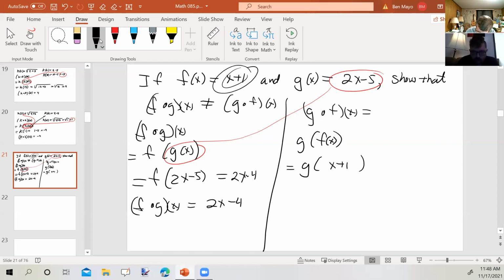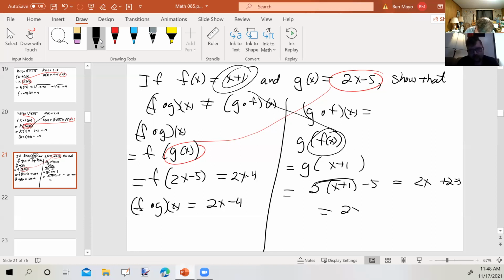Because this is going to go in place of that. g of x plus 1 is 2 times x plus 1 minus 5, which is 2x plus 2 minus 5, which is 2x minus 3. So that shows that in general, they're not commutative. And as I said, we'll look at examples tomorrow, specific cases where it is commutative, but in general, it is not.